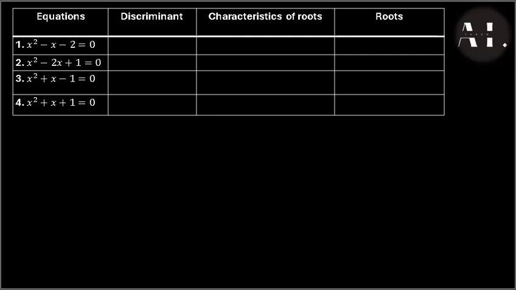The quadratic formula is given by x is equal to negative b plus or minus the square root of b squared minus 4ac over 2a, where ax squared plus bx plus c is equal to 0 is the general form of a quadratic equation, and the discriminant is given by b squared minus 4ac. Now let's go through each equation in detail.